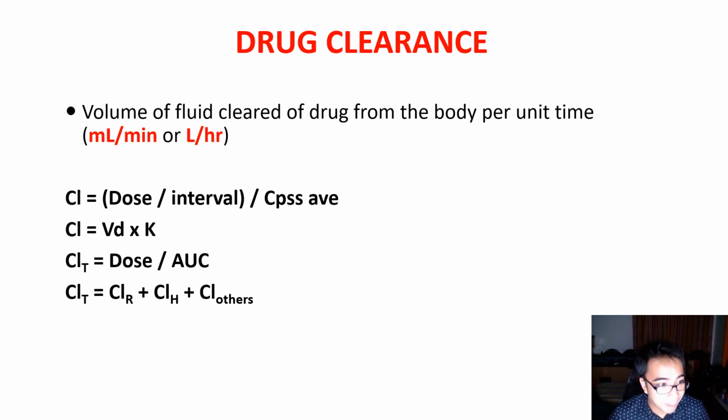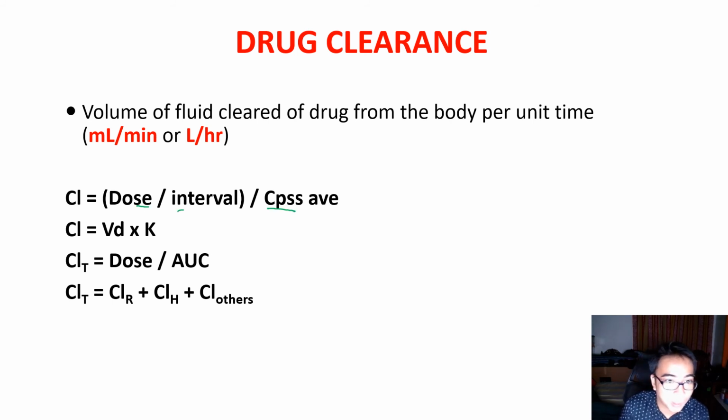So here are some formulas, class, we use to compute for clearance. Depending on what's given for each scenario that you will be faced with, okay, then you can use, class, the appropriate formulas to compute for it. So halimbawa, you're given multiple doses. Okay, you are giving the drug multiple times. So obviously, class, CPSS ang gagamitin dyan.